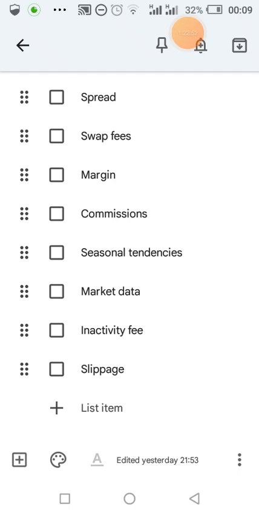Then if it is a buy trade example, price will be above the point at which you want to open your trade.